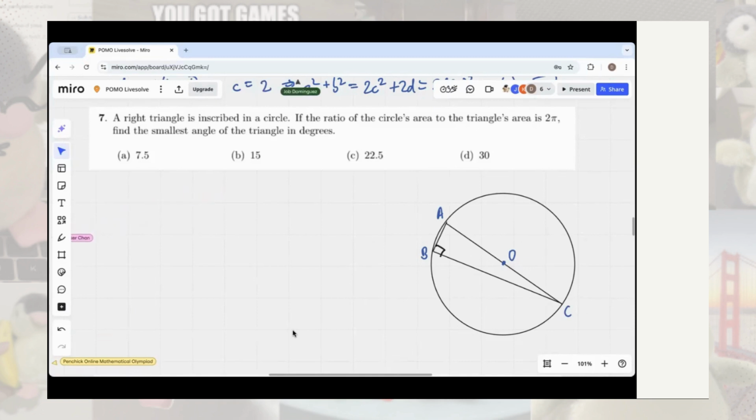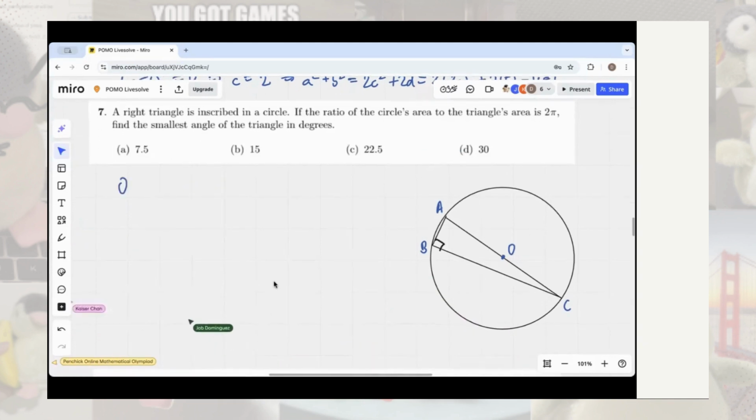So let our triangle be ABC. Let O be the center of the circle. I drew ABC so that B has the right angle, so angle ABC is 90 degrees, and AB is less than AC.